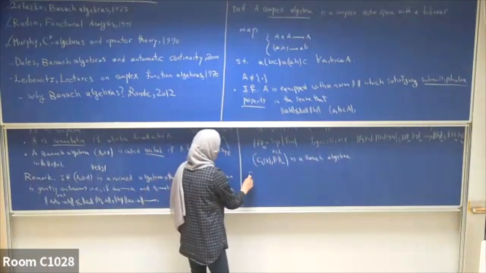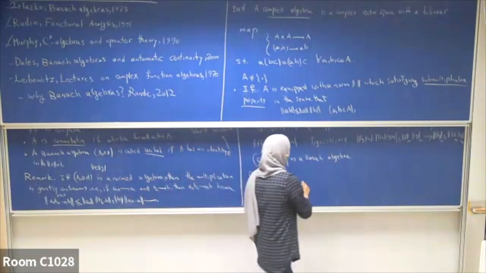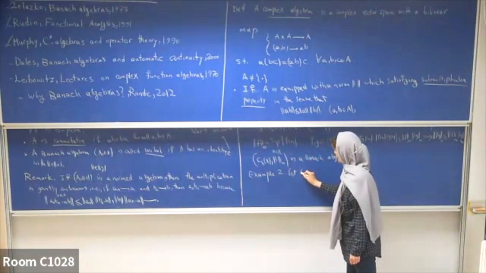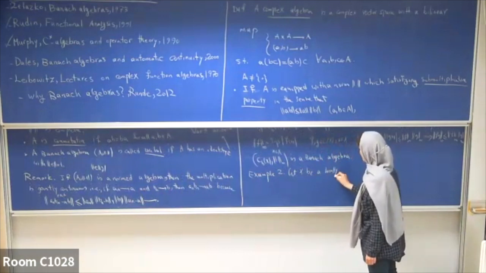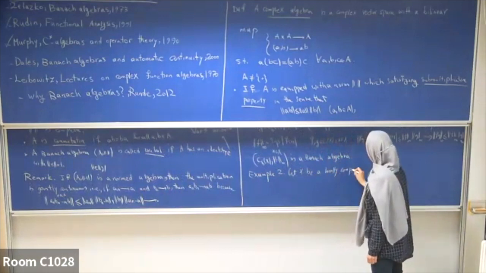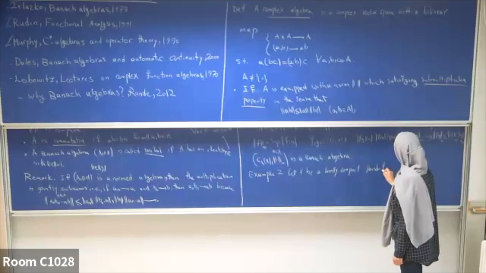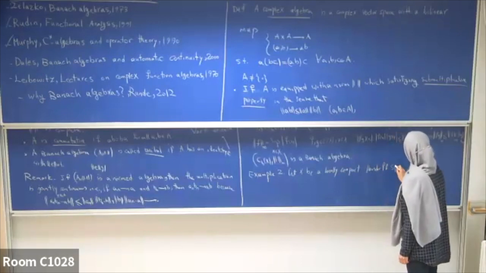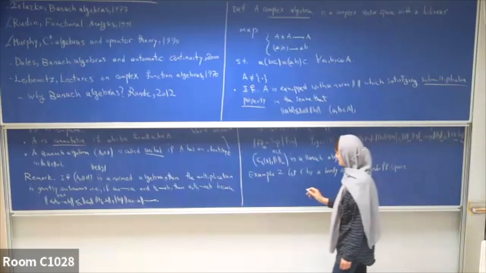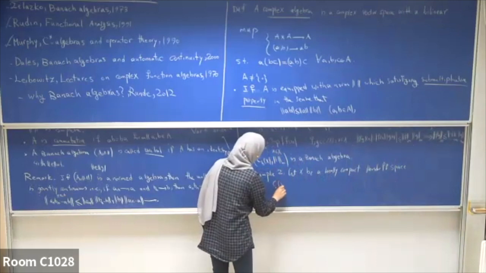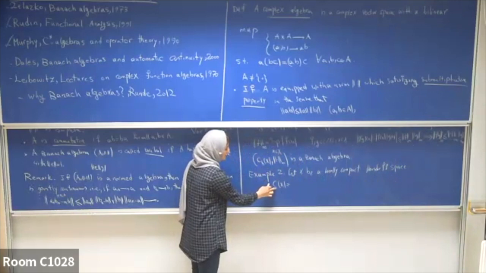The other example I'd like to mention: let X be a locally compact Hausdorff space, and we define C_0(X), the set of all continuous functions that go to 0 at infinity.